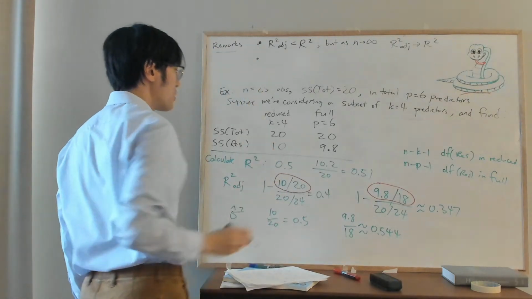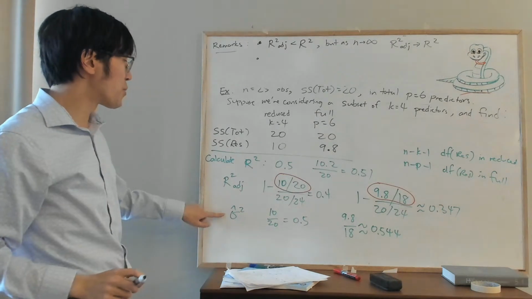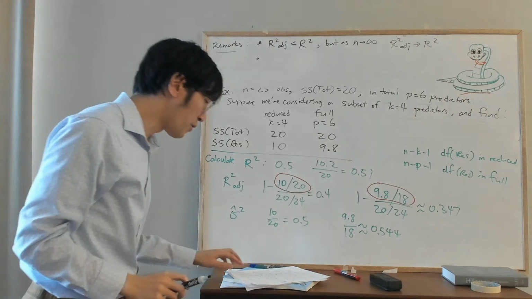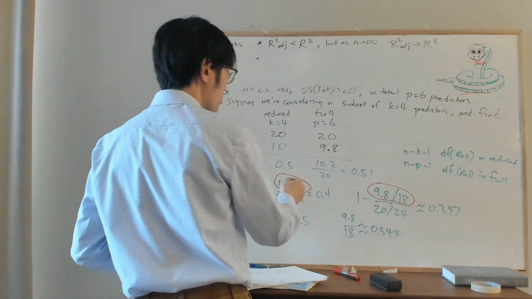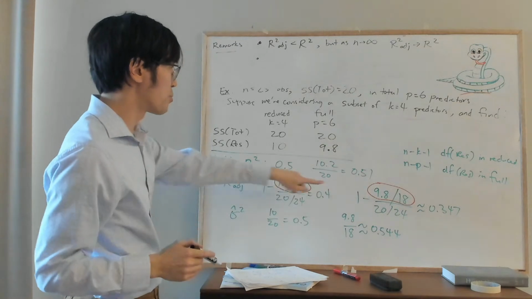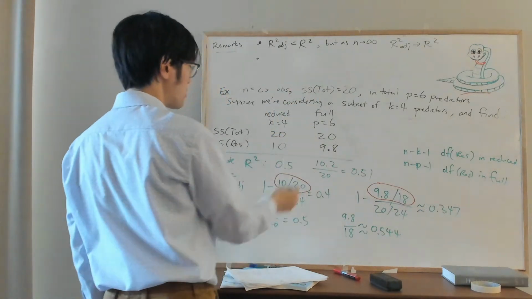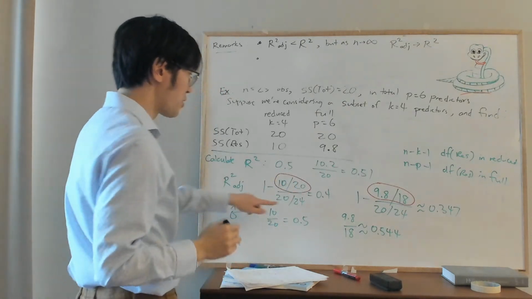And the second one is that R squared is very much tied to the estimate of the residual variance. And so from this we learn, because this numerator is the estimate of sigma squared for the particular model, that the two are directly tied together. Because the denominator here, the sum of squares total part, is not changing.